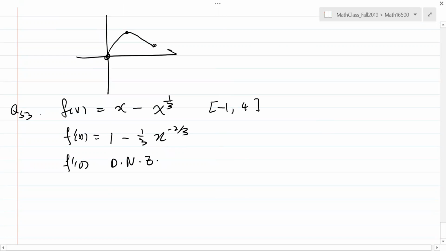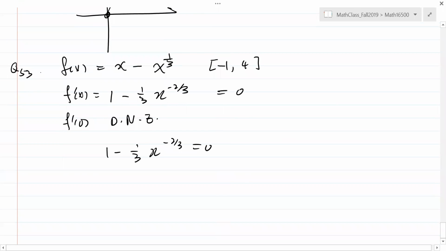But are there any other critical numbers in the interval from -1 to 4? So we have to set this to be 0. So 1 minus 1/3 x to the -2/3 equals 0. How do you solve it? Well, the idea is that you multiply by x to the 2/3 on both sides.